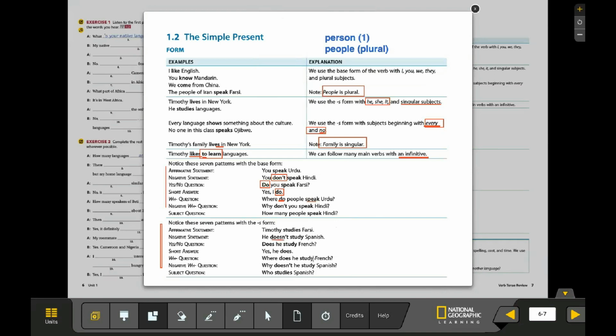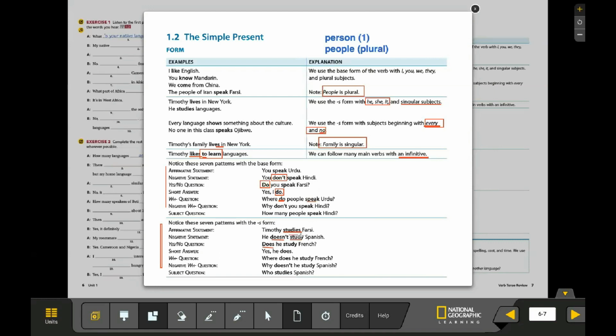So as you could see, here we use the auxiliary does. So in the negative, doesn't, in the question, does. But notice this, if you use the auxiliary, the verb goes back to the base form. For example, Timothy studies, right? Because it's third person. But if I use doesn't in the negative, I'm going to say he doesn't study Spanish.